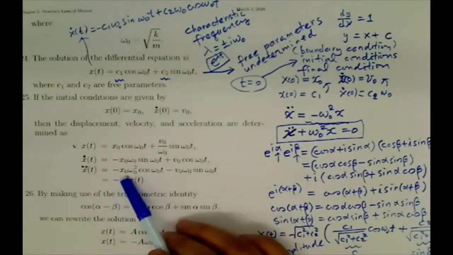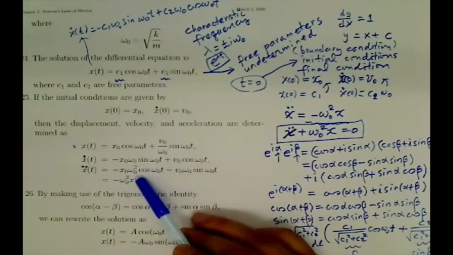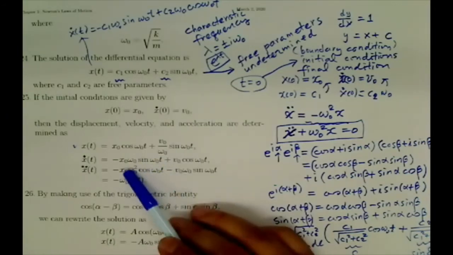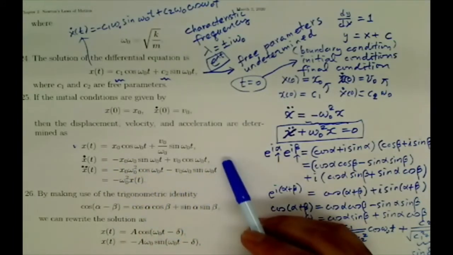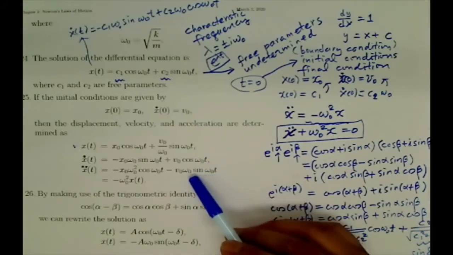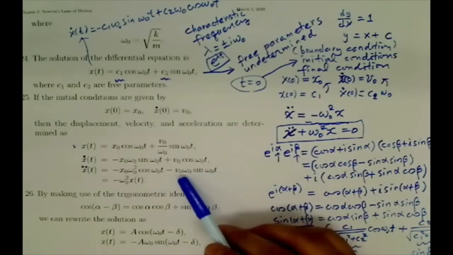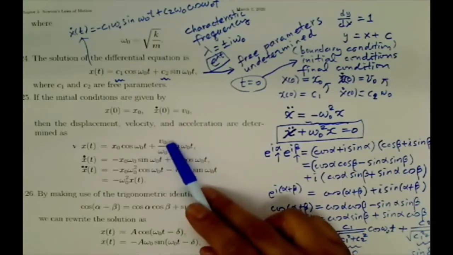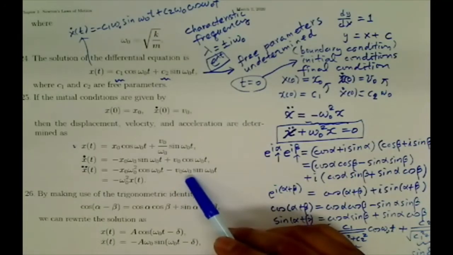Again, we take another time derivative: sine omega 0 t is replaced with omega 0 cosine omega 0 t without changing the sign. The second term, cosine omega 0 t, is replaced with minus omega 0 sine omega 0 t. As a result, we find that this term is omega 0 v0 over omega 0 multiplied by omega 0 squared.